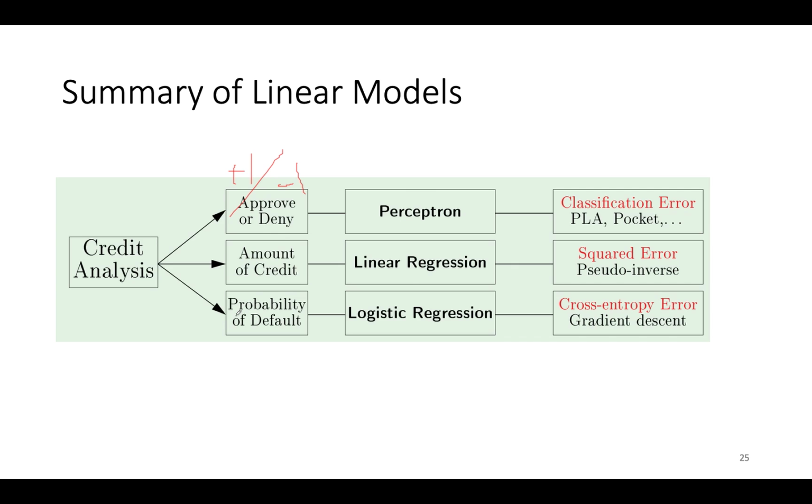And in the case of logistic regression, we were interested in finding the probability of that default. So in order to solve that, the learning algorithm for perceptron was either PLA or pocket algorithm or other linear models that are outside the scope of the course. For finding the solution for linear regression, we were using the pseudo inverse with the square, and then the loss function was calculated using square error, right? This was only the classification error. It was either 1 or -1 in the case of binary. And here we compute it as the cross entropy error, that figure that I showed.